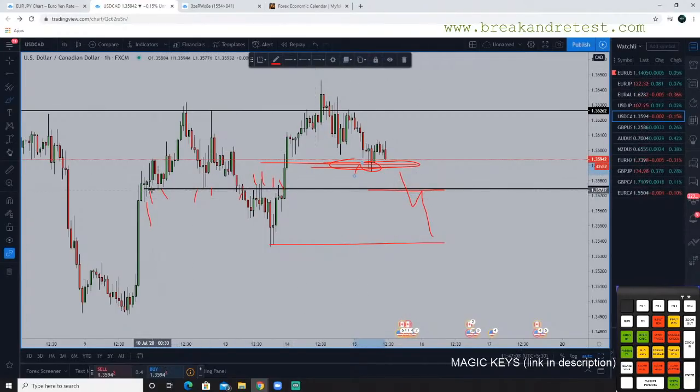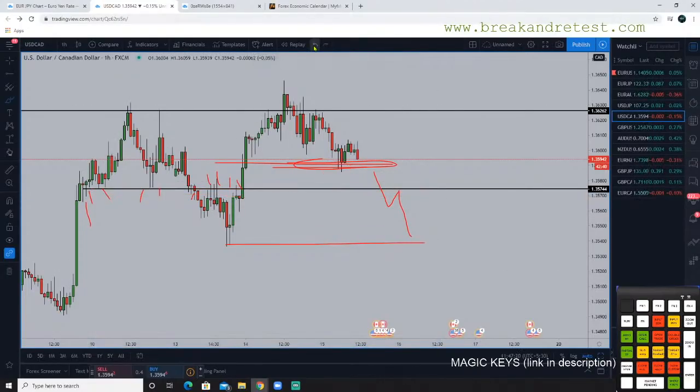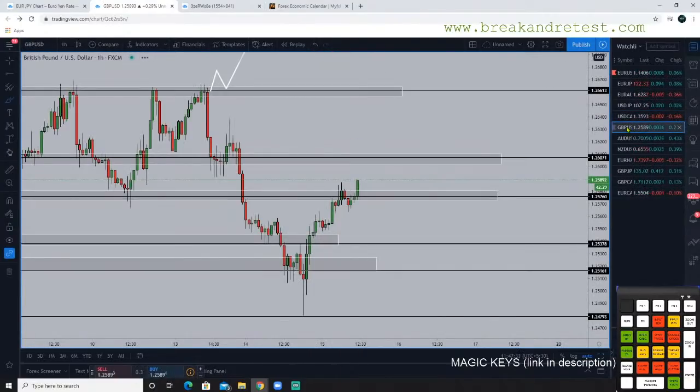But for now, the only good support that I see is this one. So unless we break this retest and continuation, there's no trade for me. Okay, let's see. So USD CAD, no trade for now.